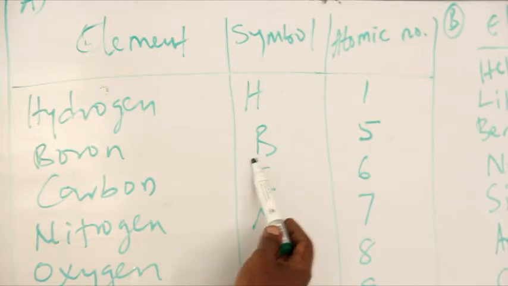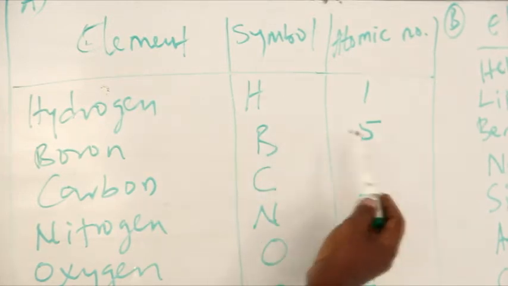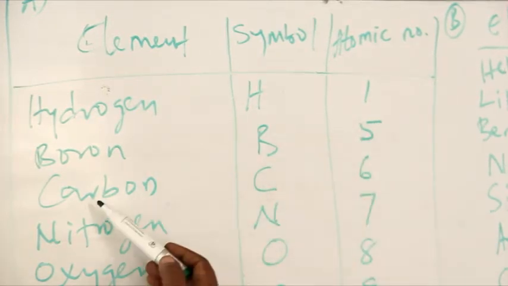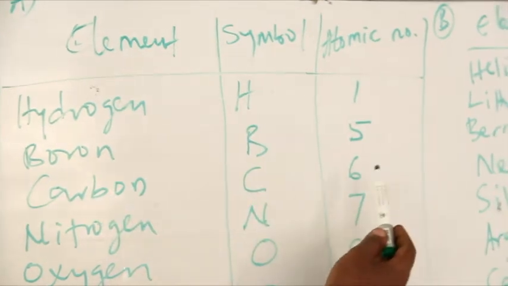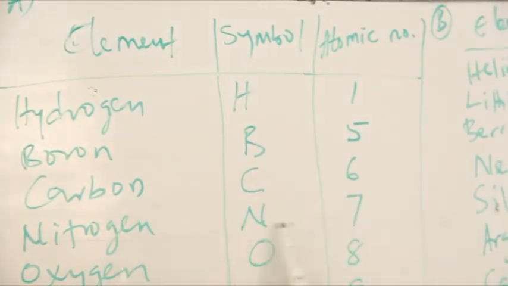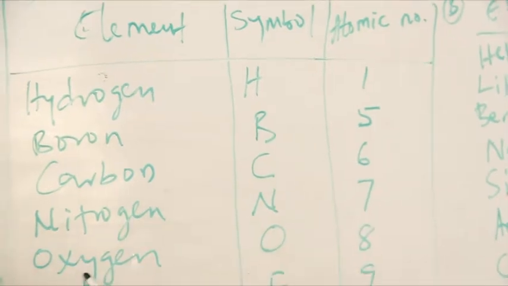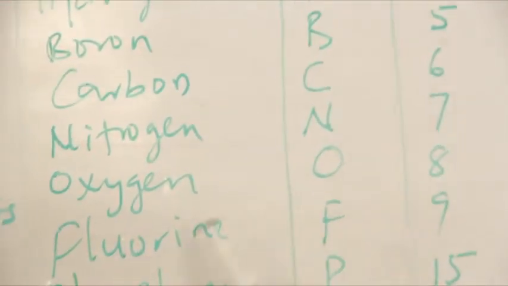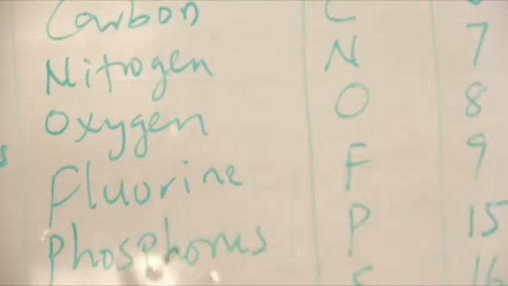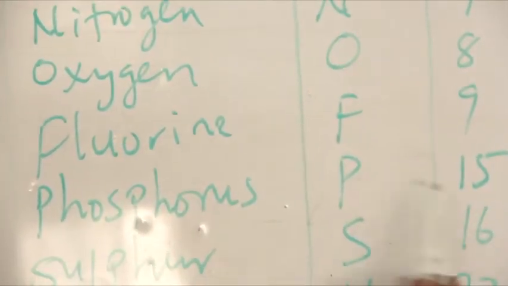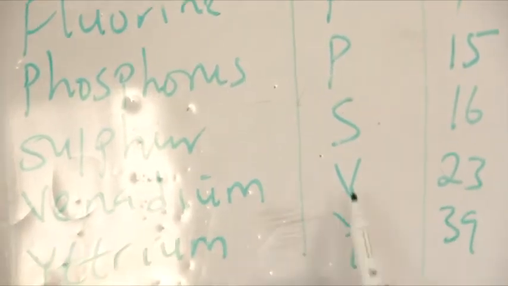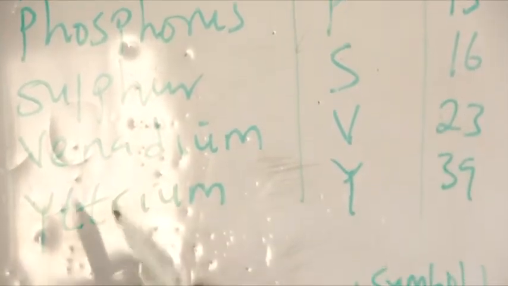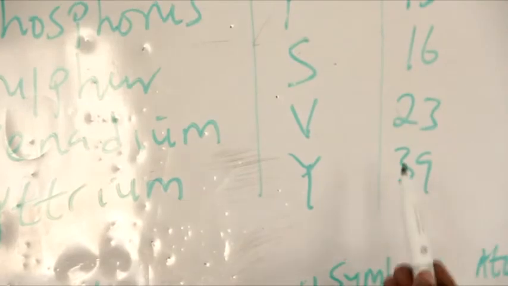Boron, the symbol is B, atomic number 5. Carbon is symbolized C with atomic number 6. Nitrogen N, atomic number 7. Oxygen O, atomic number 8. Fluorine F, atomic number 9. Phosphorus with P, atomic number 15. Sulfur with S, atomic number 16. Vanadium with V, atomic number 23. Yttrium with Y, atomic number 39.